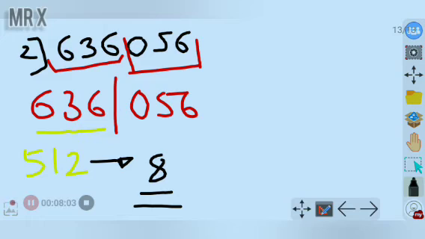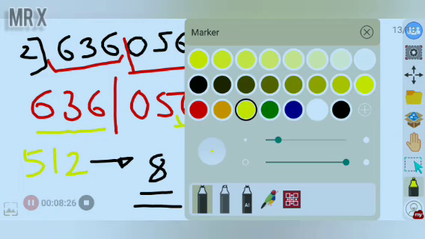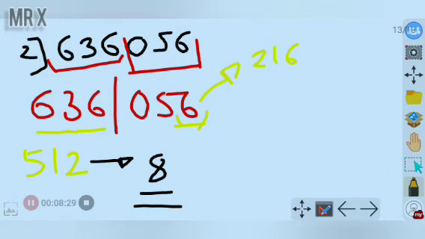Then the end digit of our number is 6, and the cube of 6 is 216, so the end digit of the cube is 6.